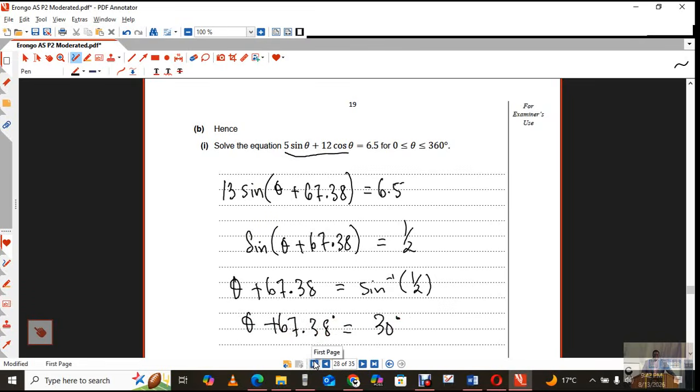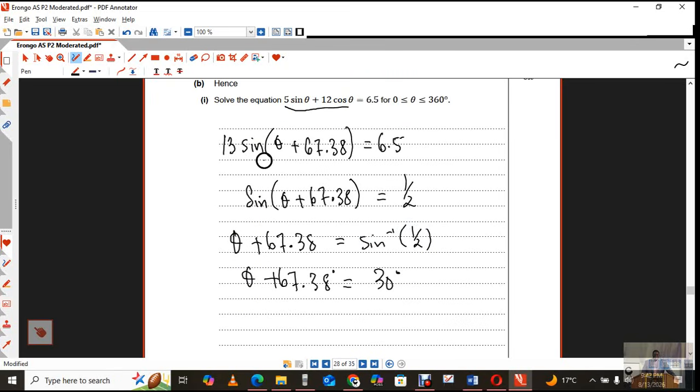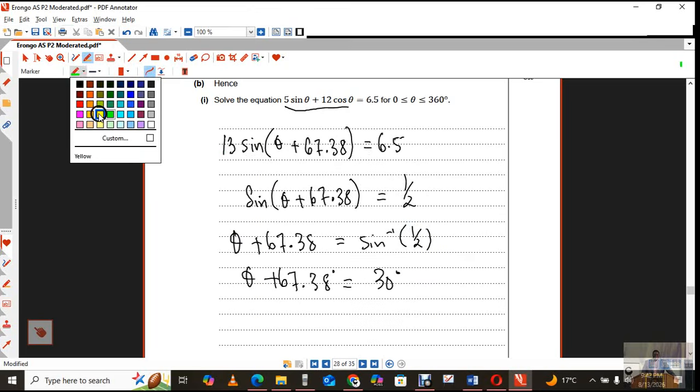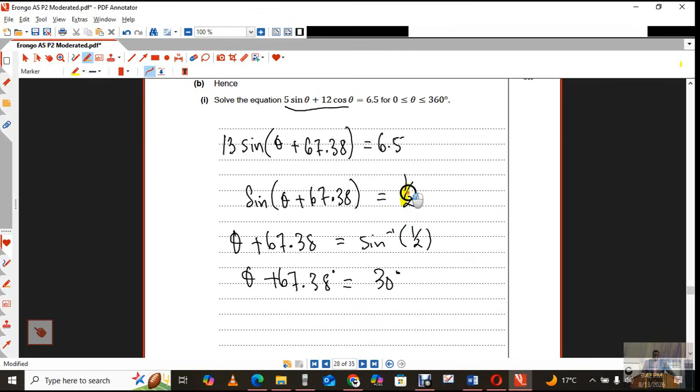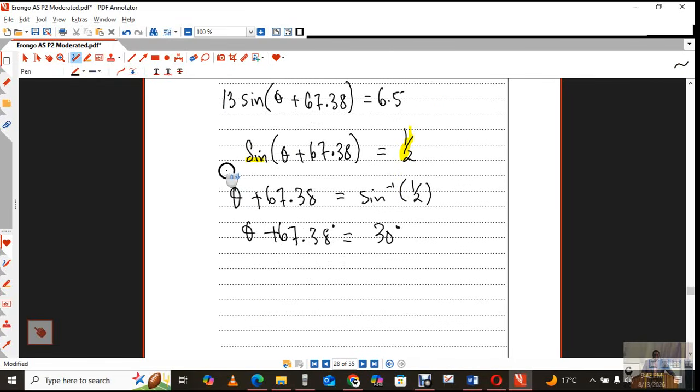Now, this is positive. In which quadrant is the sine positive? Well, you'll argue that sine is positive in quadrant 1 and quadrant 2. So in the first quadrant, I'm going to have theta plus 67.38 equals 30.